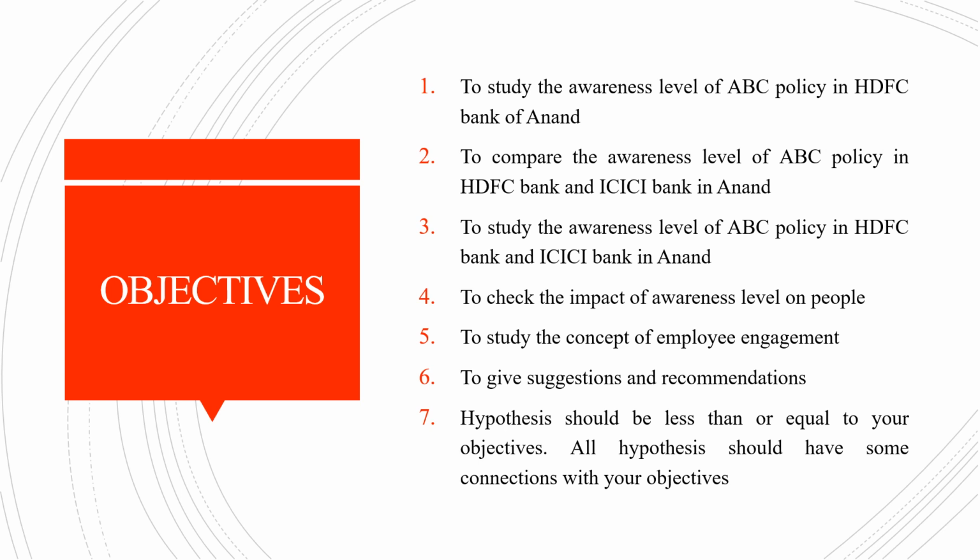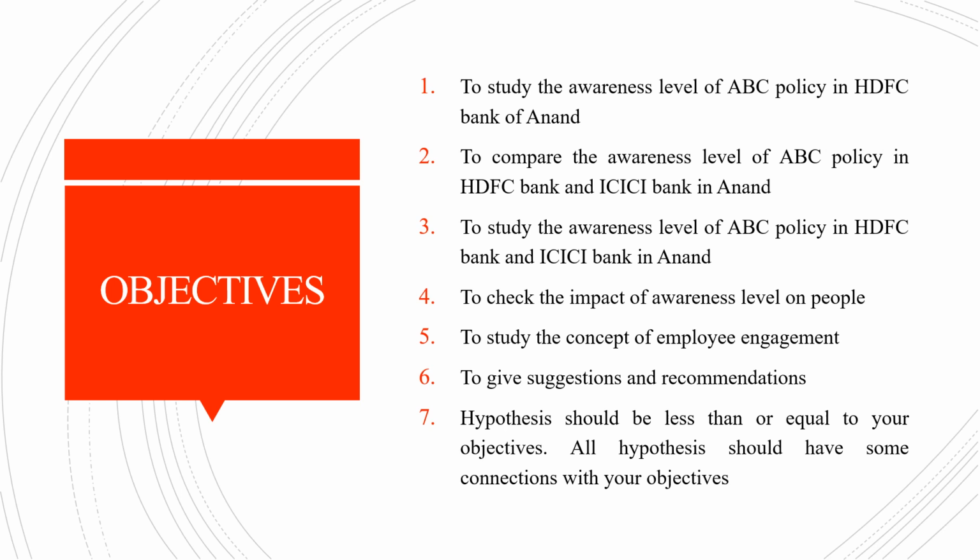The second objective pattern I have observed is to compare the awareness level of ABC policy in HDFC Bank and ICICI Bank in Anand. If two such words in English are used in an objective, like compare and relation, then definitely there should be two variables.